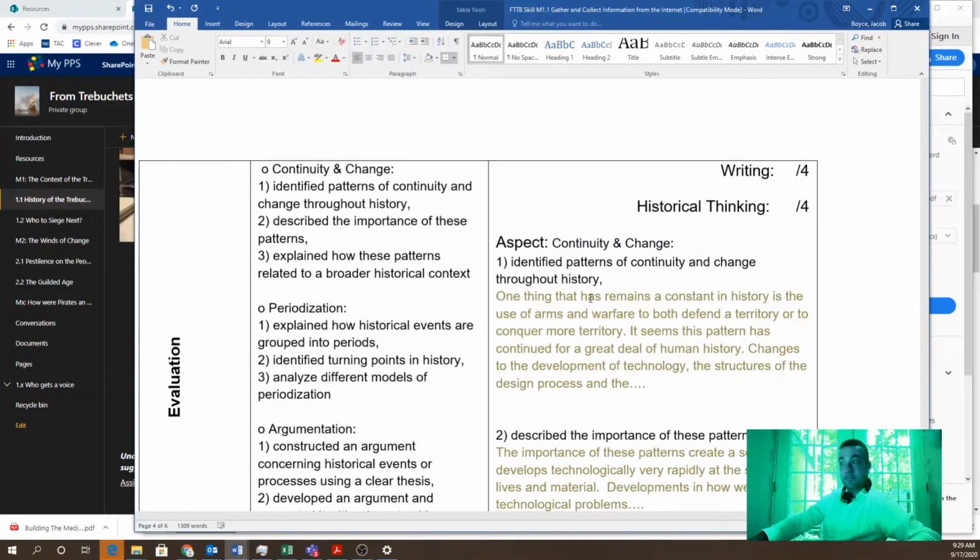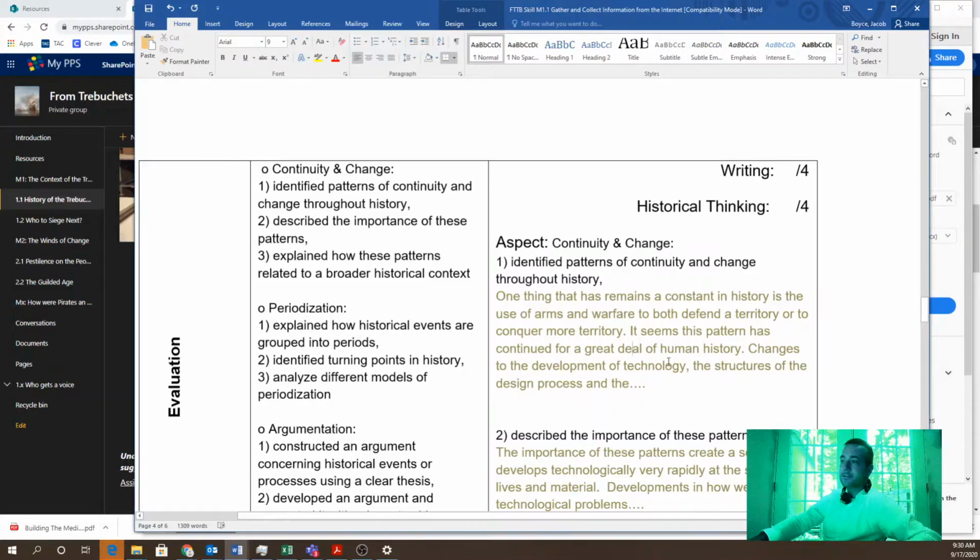I would say that the constant here is that the buildup of arms and armaments to conquer or defend territory goes on to this day, and it has gone on throughout most areas of human history that we are aware of. And so in terms of continuity, this is just a part of that long-term trend, long-term change. But wherein it says change, it says this pattern has continued to deal with humans.